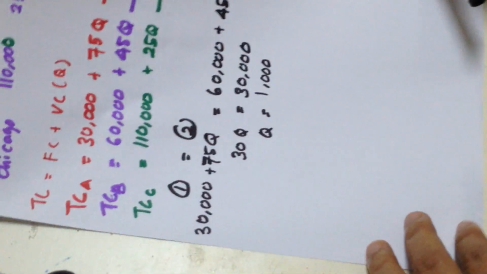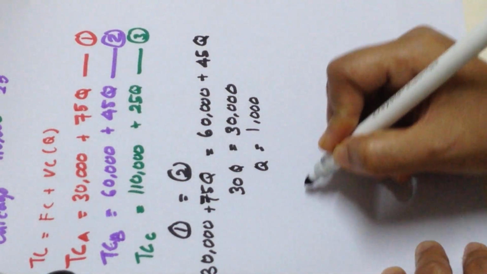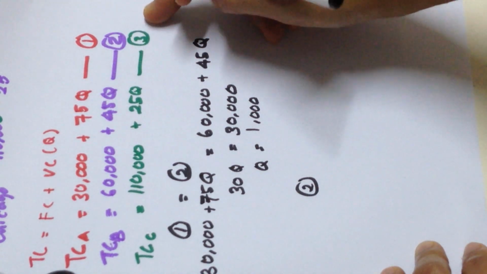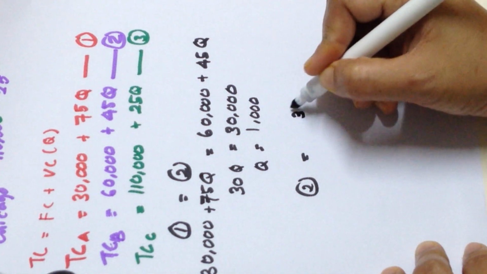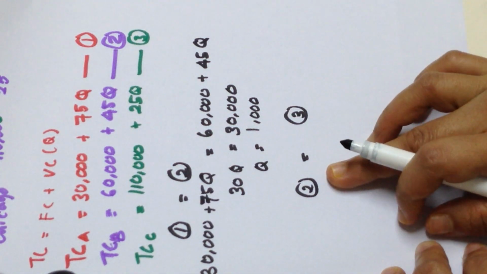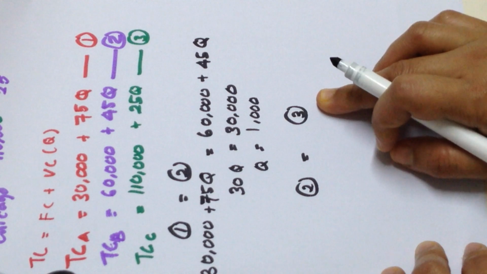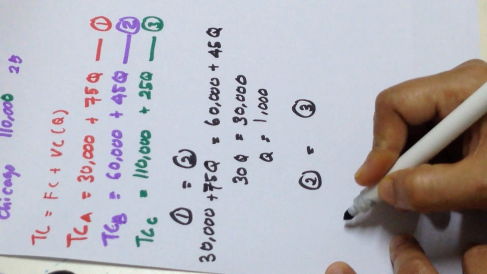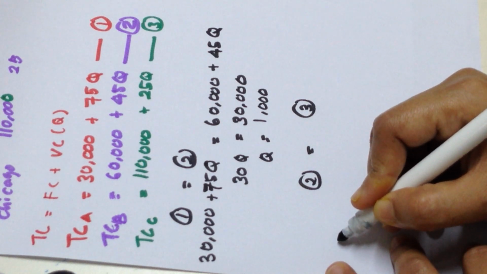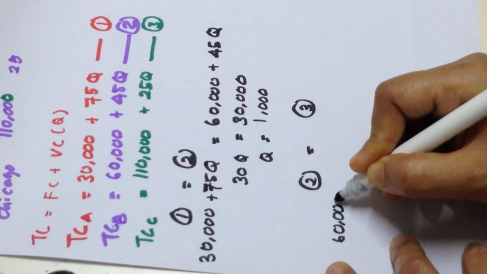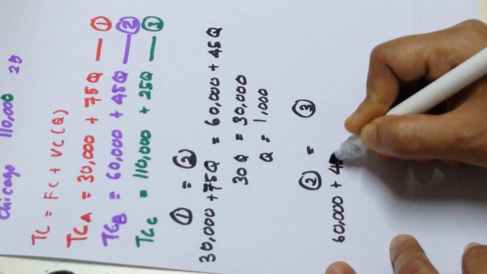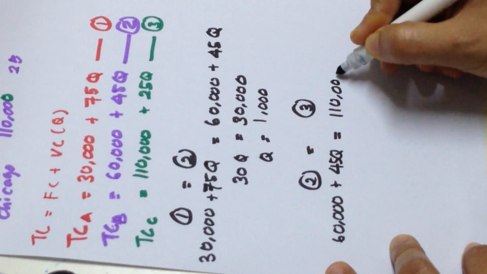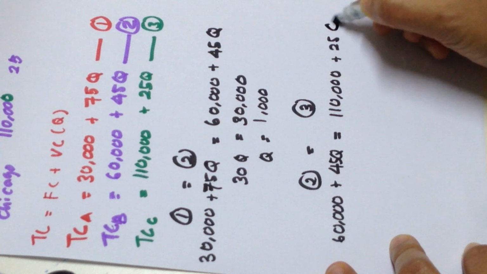Okay, moving forward, we want to know equation 2 equal to equation 3. So we want to know the intersection point between Bowling Green and Chicago. For Bowling Green, 60,000 plus 45Q equals 110,000 plus 25Q.